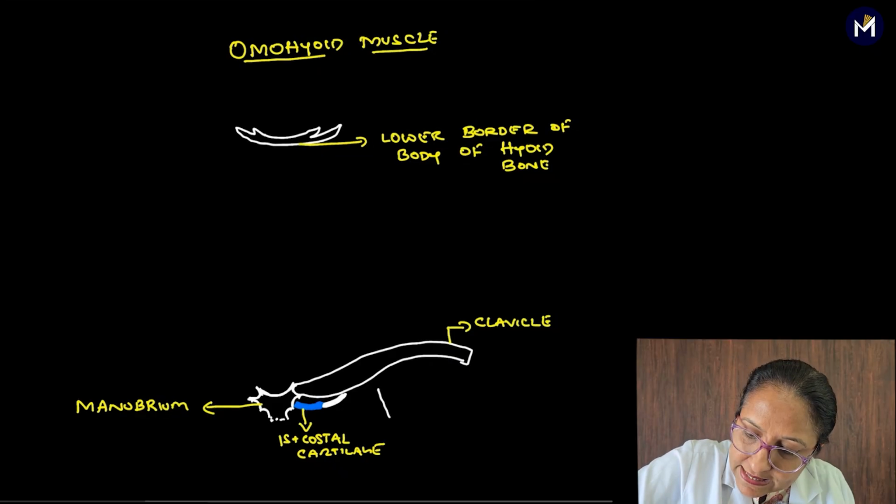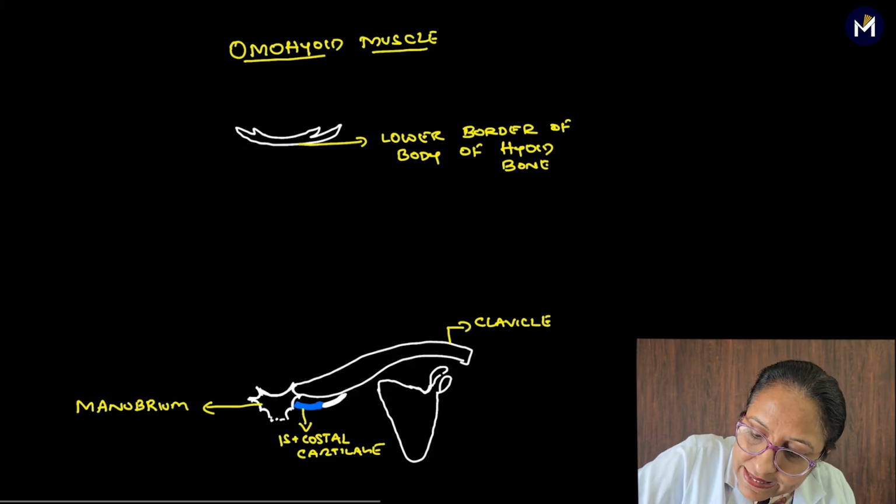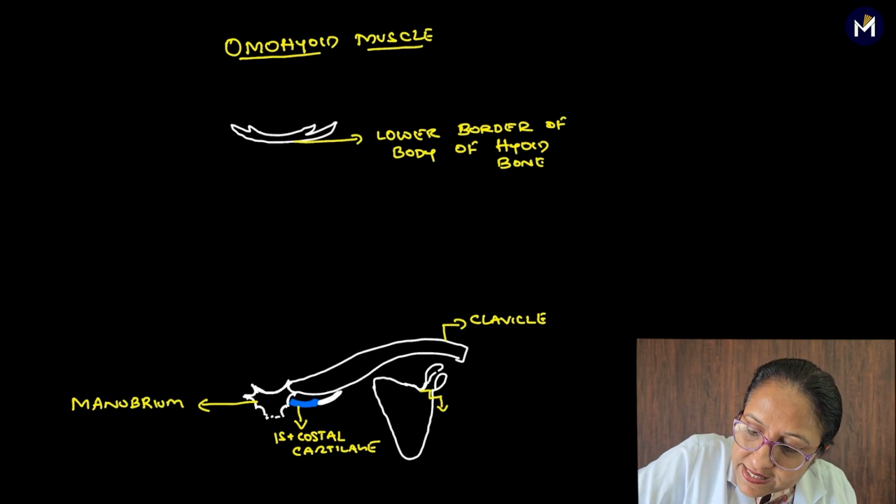So this is scapula. This is glenoid cavity. So just draw the focus on this notch, that is suprascapular notch, and this is coracoid process. So just label here, this is suprascapular notch.